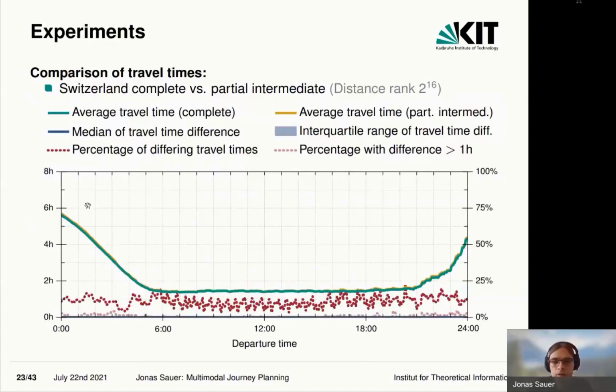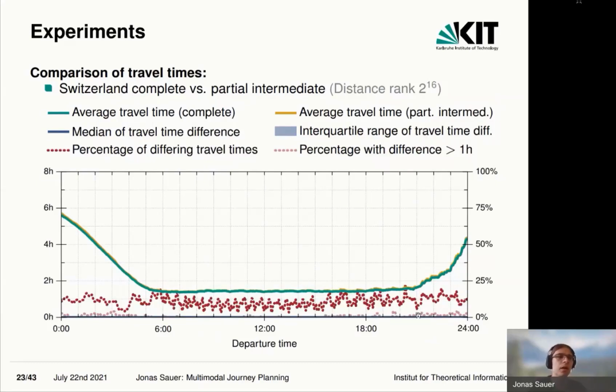So the travel time difference has been reduced to almost nothing on average. The two lines are very close to each other. The percentage of queries where we get a difference at all is about 10 to 15% on average, and the percentage of queries where the travel time difference is greater than 1 hour is almost zero.